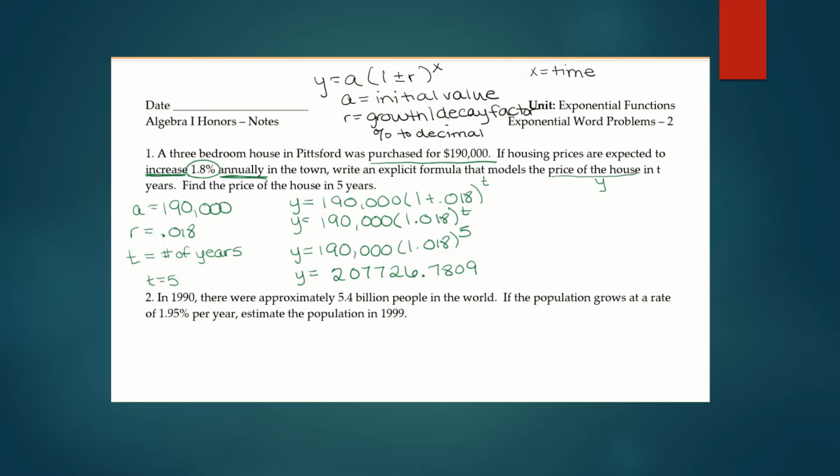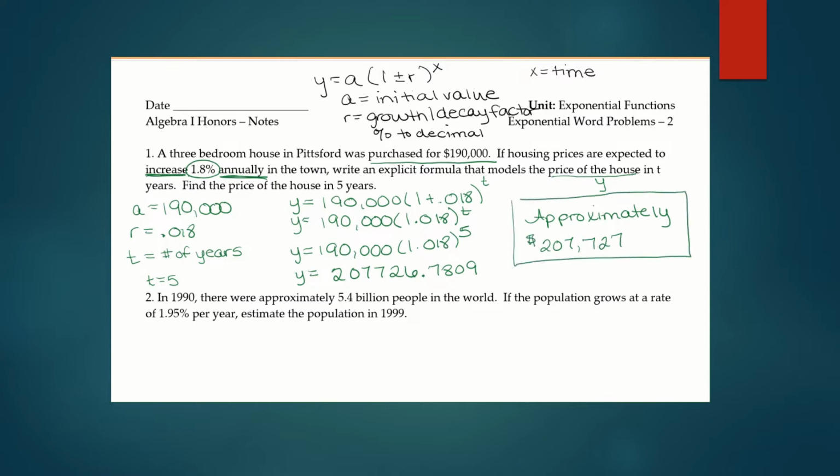Now remember with this, we are talking about money. So what I'm going to do is I'm going to round this just to the nearest whole dollar. So I'm going to say the price will be approximately $207,727 since we're going to round up here.